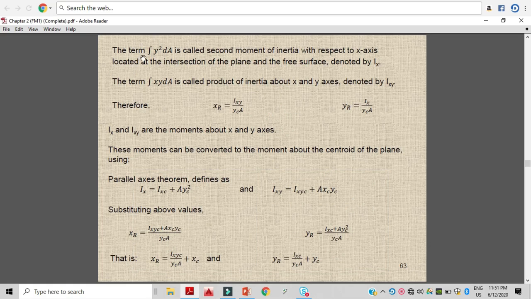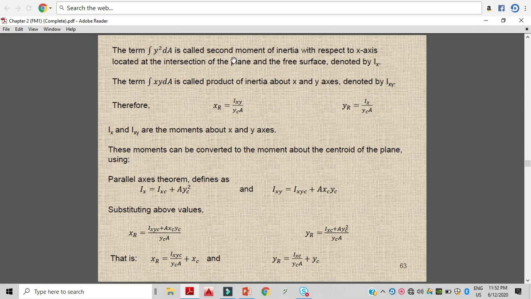The term integration of y square dA is called second moment of inertia with respect to x-axis, located at the intersection of the plane and the free surface, denoted by Ix. The term xy dA is called product of inertia about x and y axis, denoted by Ixy.